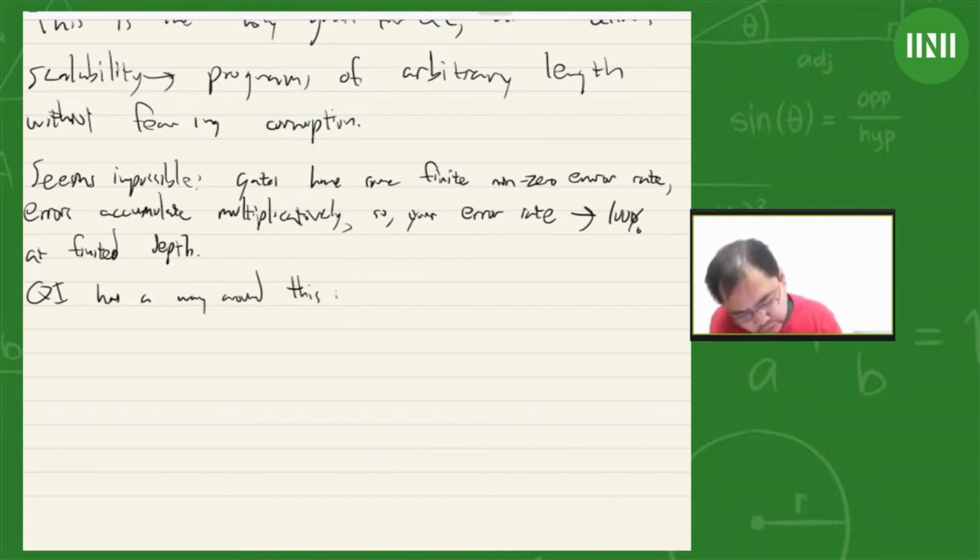Actually, two. So the first is just normal quantum error correction. This is a way of taking your error rate and reducing it. But the second are so-called threshold theorems.